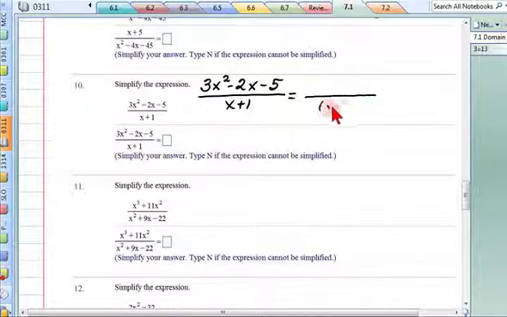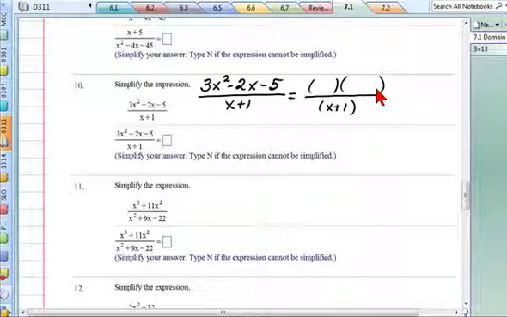Do y'all agree? Okay, so x plus 1 is going to stay there. The numerator has no common factor. It's a trinomial, so I'm going to go with trial and error. But let me show you something that's going to be helpful. I start out and say, well, I can do the signs. The last sign is negative, which means one of each.